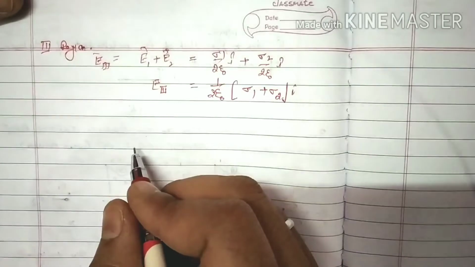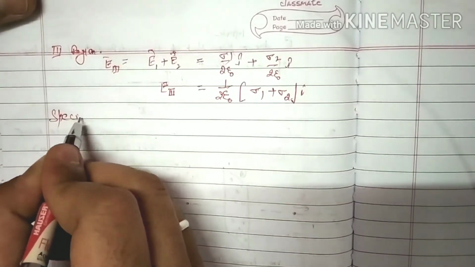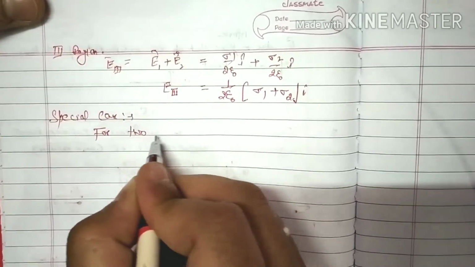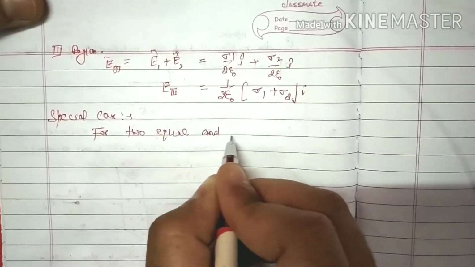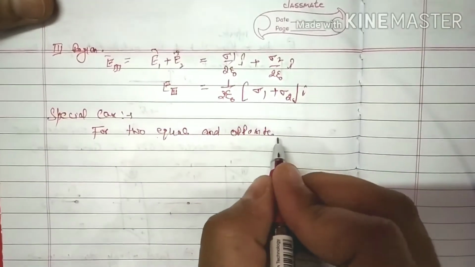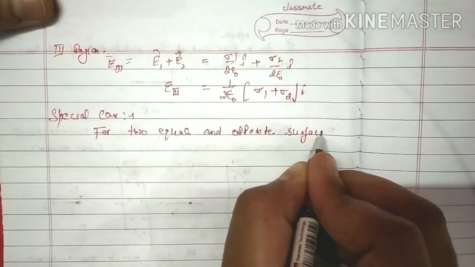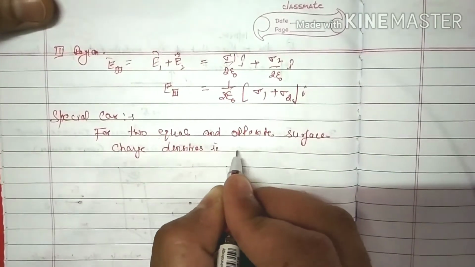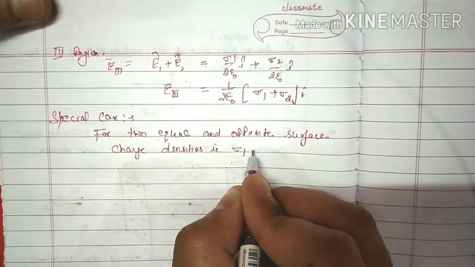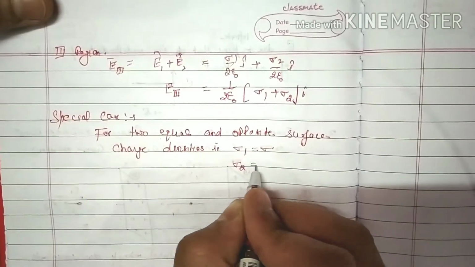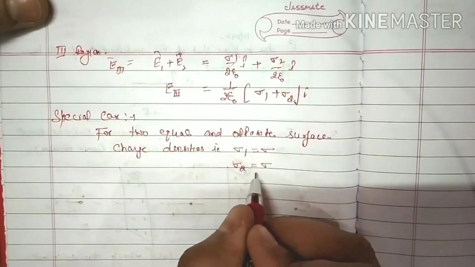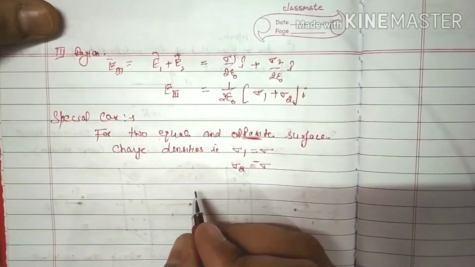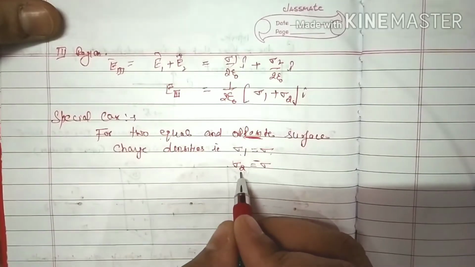Now we will take one special case: two equal and opposite surface charge densities, that is sigma 1 is equal to sigma, and sigma 2 is equal to sigma with the opposite sign.